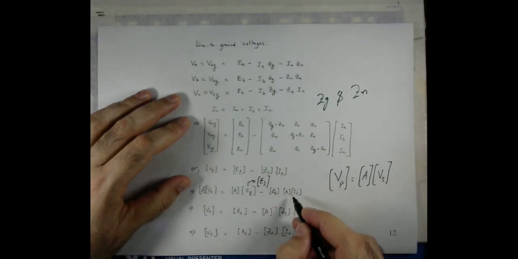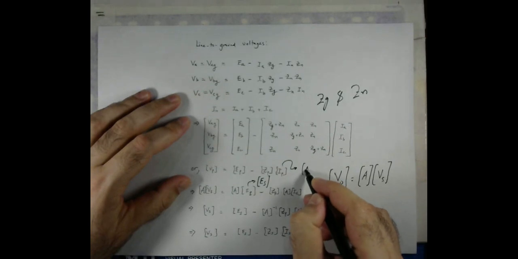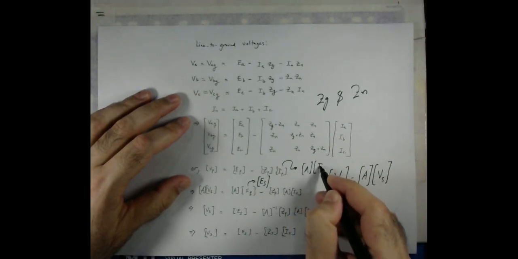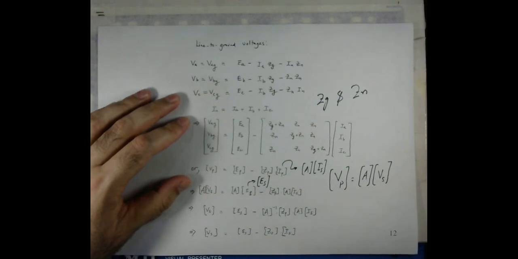And once again, the phase current can be written as transformation matrix A and sequence currents. So we have already carried this discussion. I don't need to go into the details.